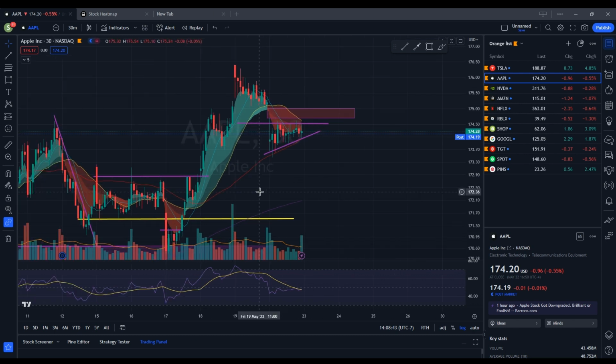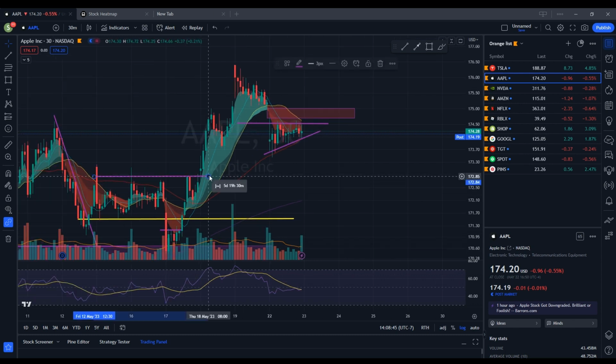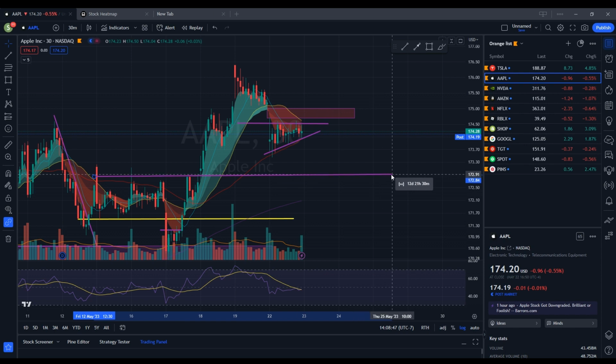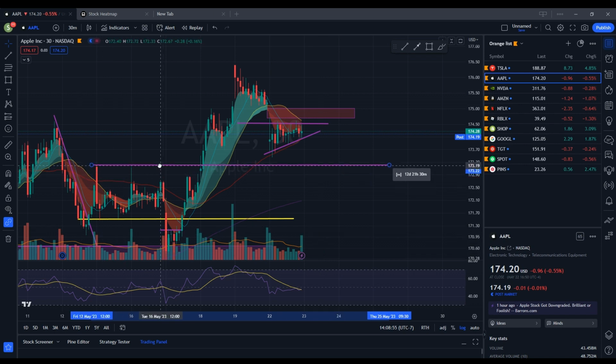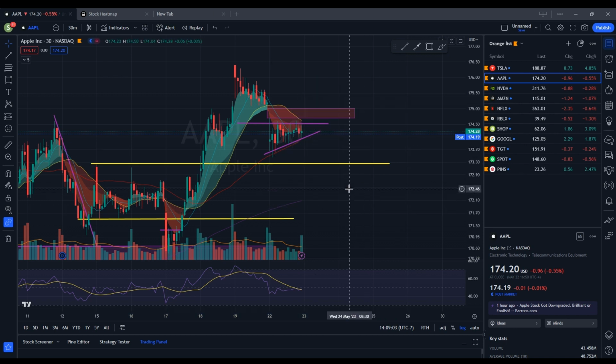If we do see a downtrend, I'd want to see it hit this. This would be the price target here, this 172.84 mark, because that's where the resistance is. But you could continue to take profit even at this level, 173.26. This actually is where I'll keep mine, just because the drop from this area down here is an easy 25-30%.